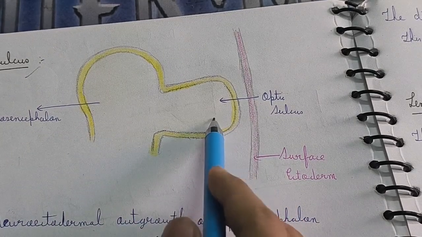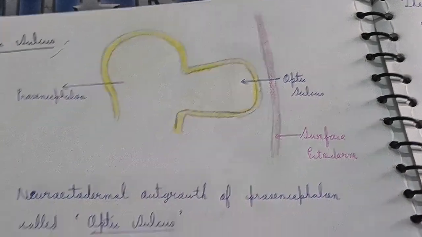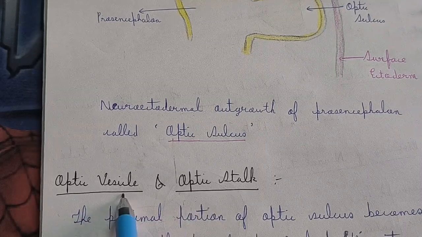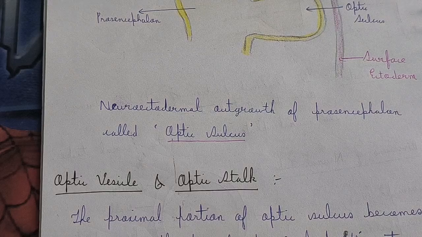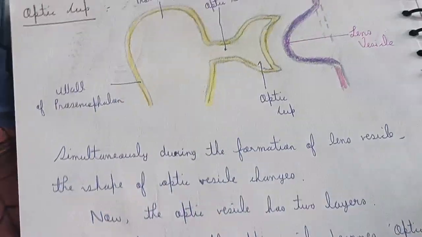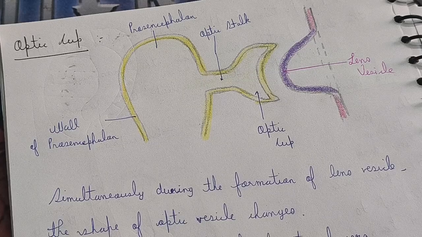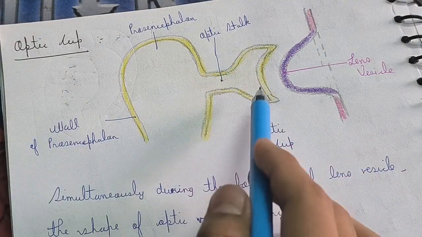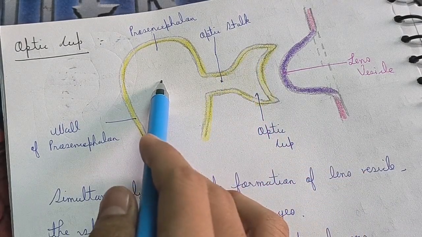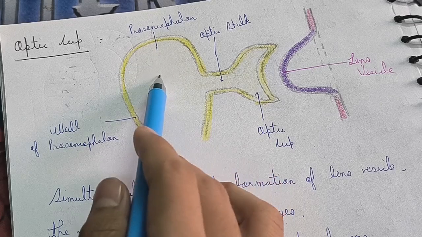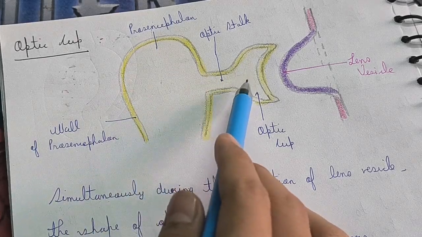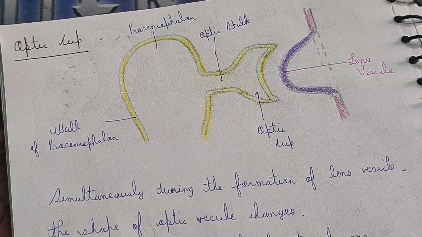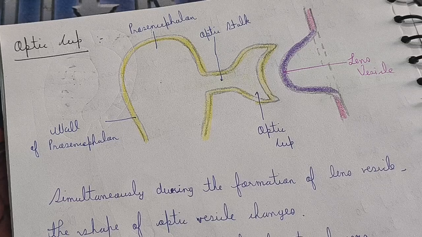From this prosencephalon the optic sulcus forms, and this optic sulcus later gets converted into the optic vesicle and optic stalk, and later this optic vesicle becomes the optic cup. The optic cup is derived from the prosencephalon, and as I already mentioned the prosencephalon has a cavity, therefore the optic cup also has a cavity, and due to the cavity of the optic cup the intraretinal space appeared.